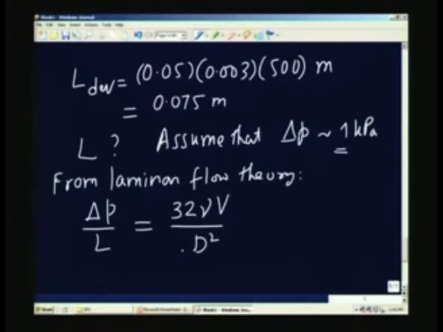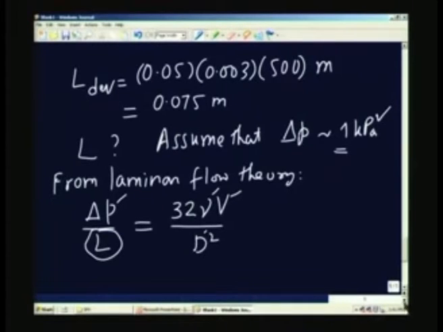Therefore, now if you see, I have chosen delta P. I now already know this, I know the velocity, I know the diameter, so I can determine L. So, this L which I am going to determine from this is the required length, so that you get a 1 kilopascal pressure drop across the length.